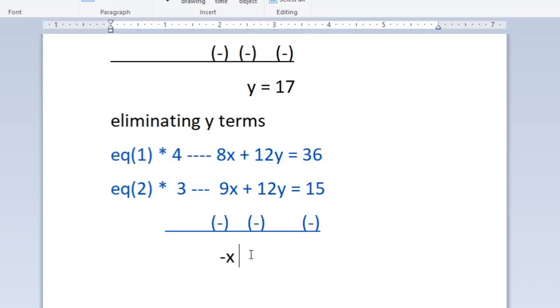Then come to RHS. Here we have plus 36, that means 36 minus 15. It is nothing but 21. Therefore, minus x is equal to 21. So, interchanging the LHS to RHS and RHS to LHS, you will get x is equal to minus 21.